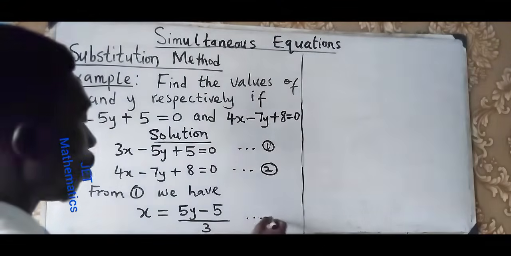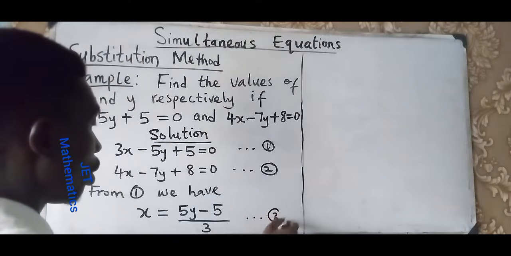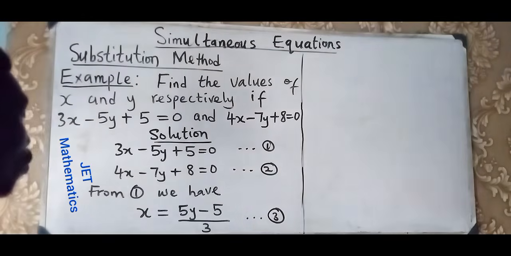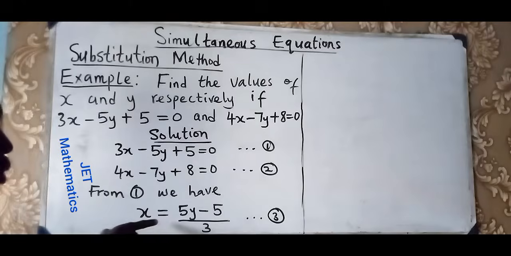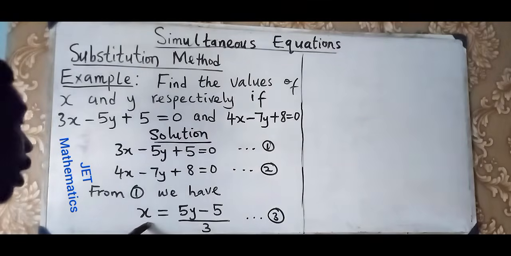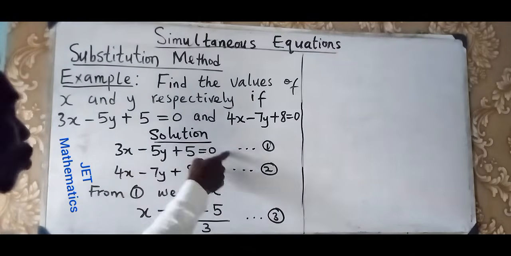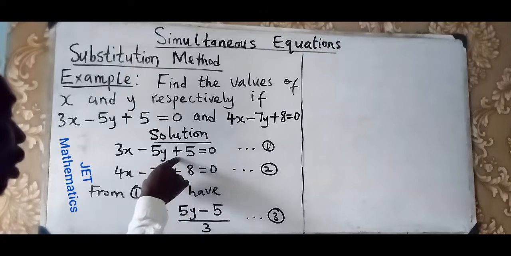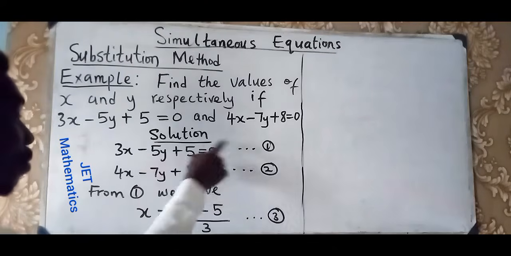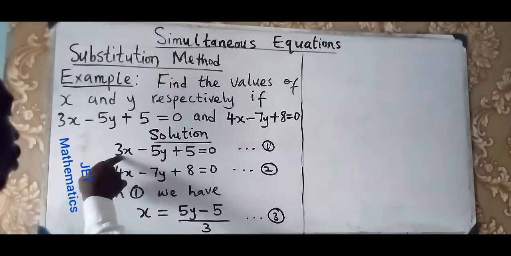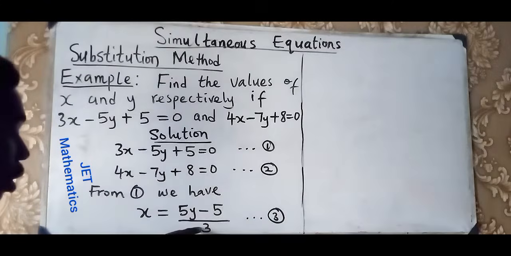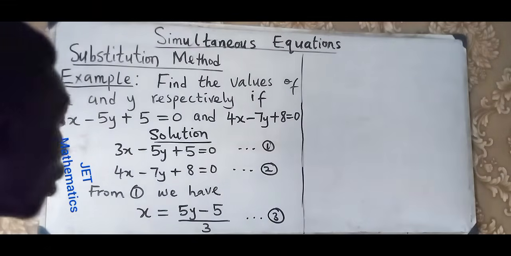I can call this one my equation 3. So from equation 1, we've been able to make x the subject matter. If we take minus 5y this way, it becomes 5y. If we take plus 5 this way, it becomes minus 5. And then we divide both sides by 3 to get divided by 3.